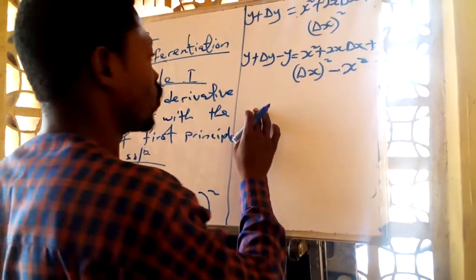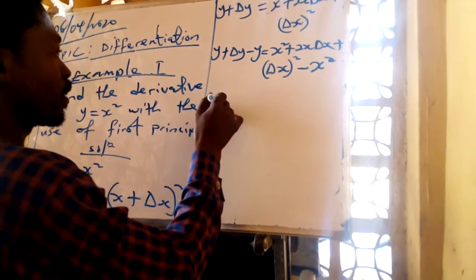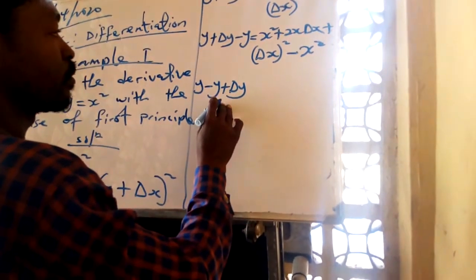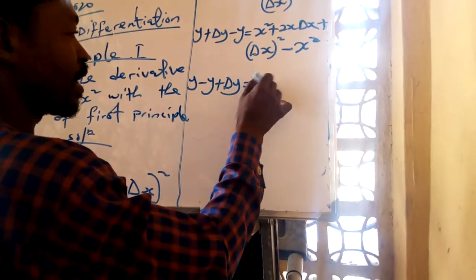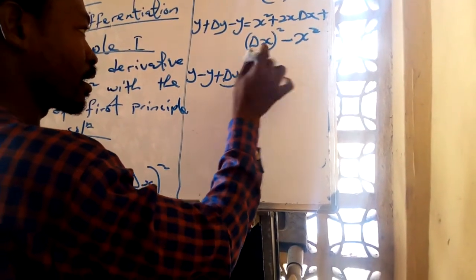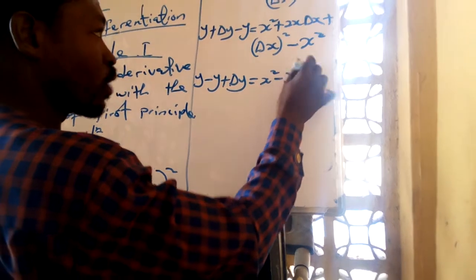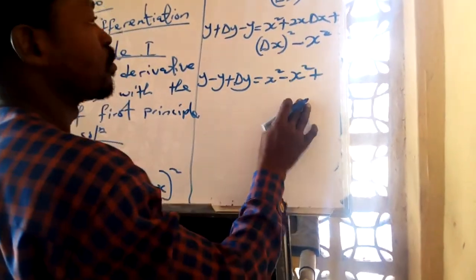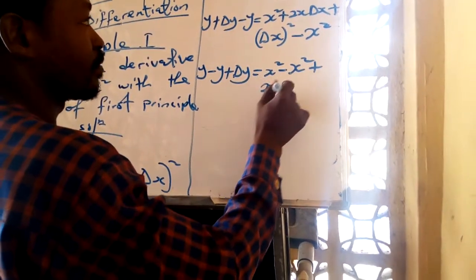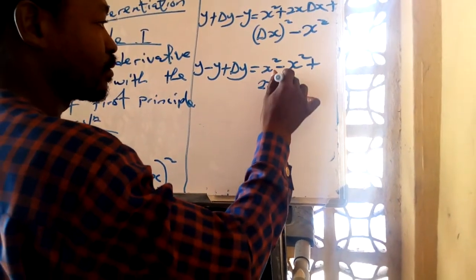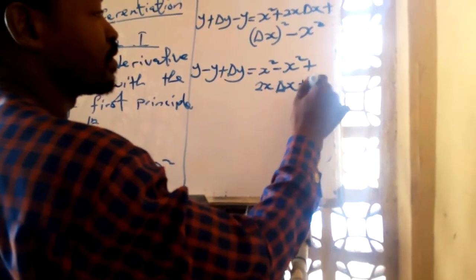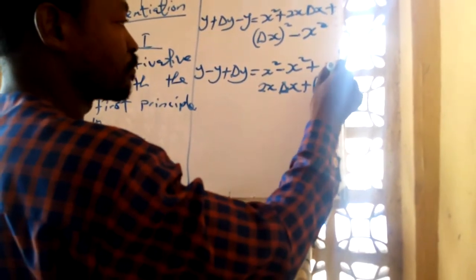From here, you now collect like terms. This is y plus delta y minus y equal to x squared minus x squared, this x squared minus this x squared, then plus your 2x delta x, right, plus (delta x) squared.